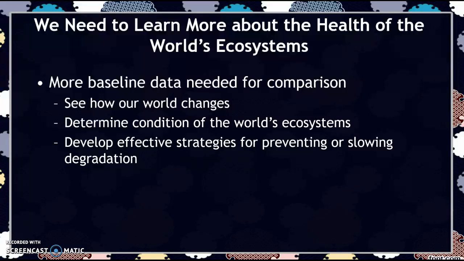Same thing, if you couldn't go to the doctor and see through an x-ray if a bone healed, and you thought the best method to fixing a broken bone was walking around on it, but you felt fine and you didn't know if it was broken or not, you don't have that baseline data to say like, no, that's not what it's supposed to look like. So we need some sort of comparison data to figure out our strategies to help to fix it.